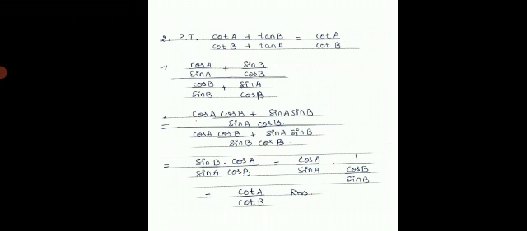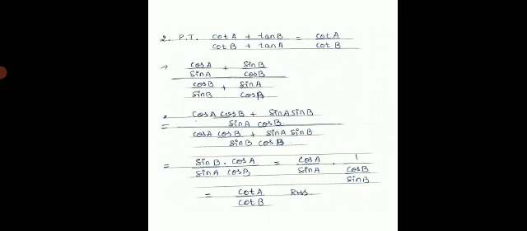Now, in the next step, you take the LCM in the numerator and also in the denominator. So here the LCM in the numerator will be sin A into cos B. Multiply the terms sin A and cos B. That will be your LCM in the numerator.